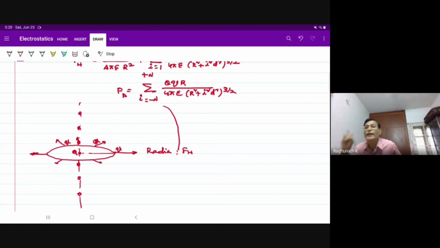Will the same thing happen? My question is very, very important and pertinent question here. I will now consider the horizontal plane passing through the charge below it and consider a circle of same radius. Will the charge q kept at any point on the circle experience horizontal force only?